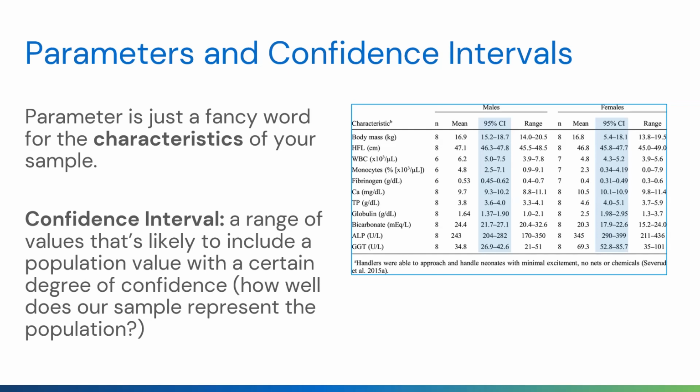So if you look at, for example, the mean value for males, 16.9 for body mass in kilograms, it falls within the 95% CI. And so that just means that that value is within the population value there. So we can feel that our sample does in fact represent that population well. So that increases our confidence.